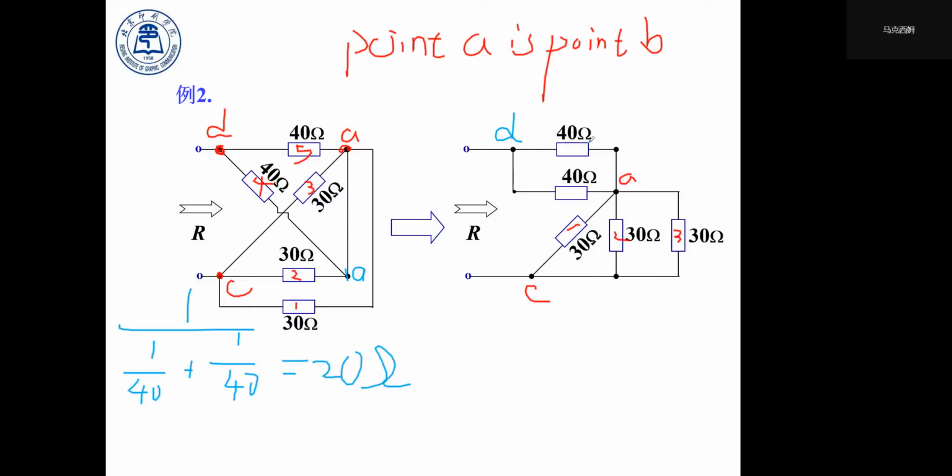We can replace those two 40s with the 20 ohm one. And for those 30 ohm resistors, we can calculate their equivalent resistance very simply: it's the reverse of the combination of the reverse of 30.